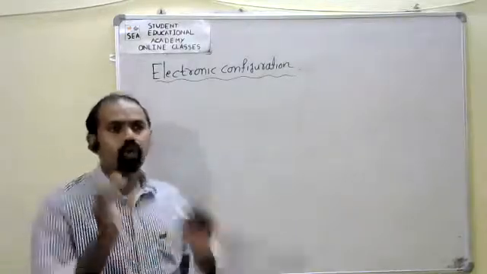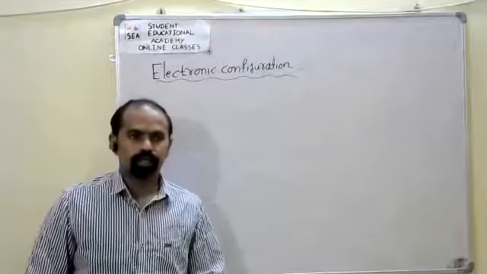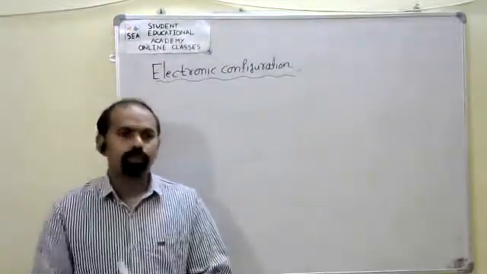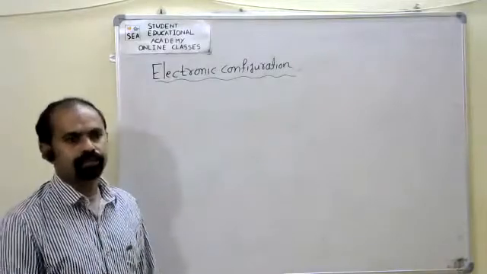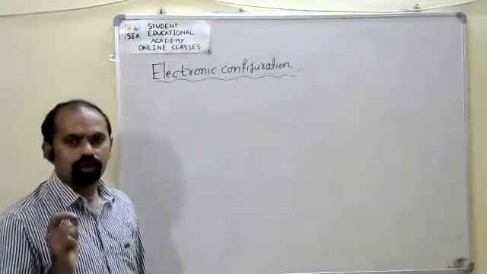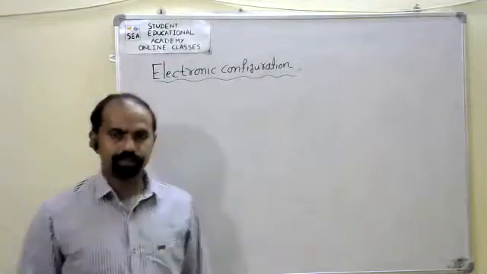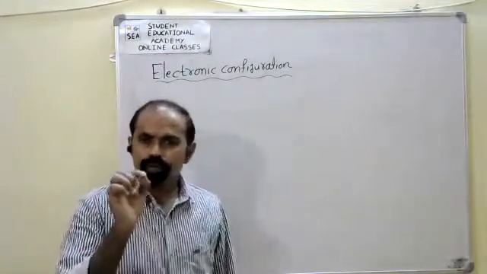The filling of electrons into orbitals of a given atom is called electronic configuration.